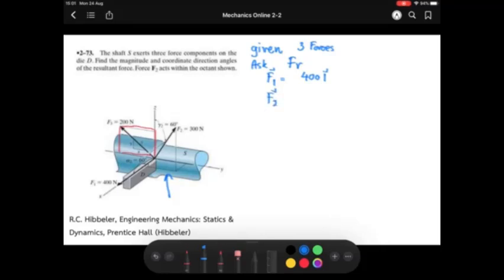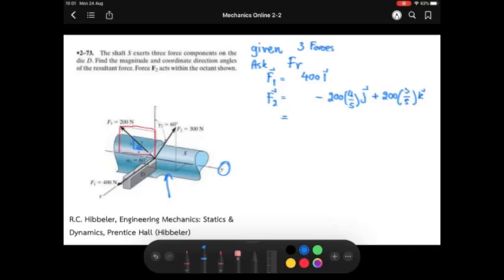Force number 2 here is 200 cos theta, which is 4/5 j, and this one goes the opposite way of the y-axis, so it should be minus, and then plus 200 times 3/5 k.